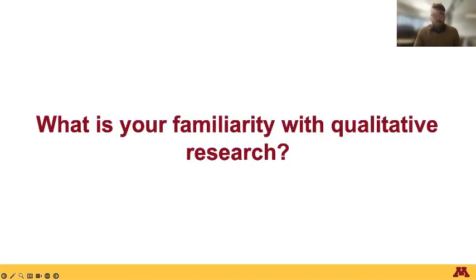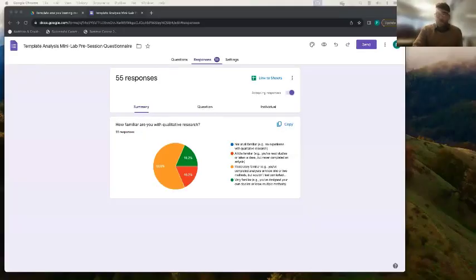So the poll at the beginning asked you, are you familiar with template analysis? But I think really important to all rapid methods is how familiar are you with qualitative research? And much more of you were familiar based on this poll we sent out before. So some of the things we talk about are going to be repeated.